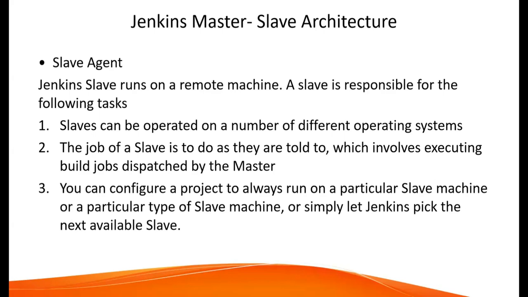And the last important task of the slave is that you can configure a project to always run on a particular slave machine or a particular type of slave machine, or simply let Jenkins pick the next available slave. Don't worry, we are going to understand what this sentence means in our practical session.